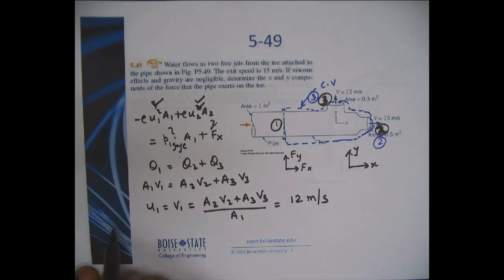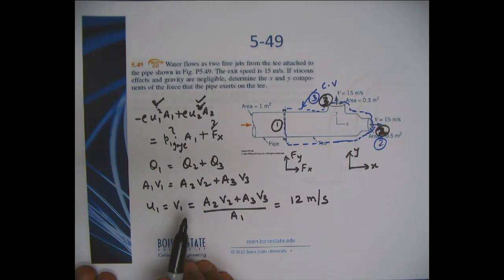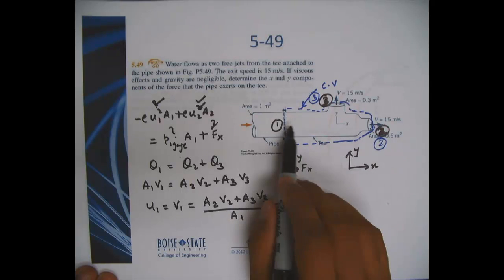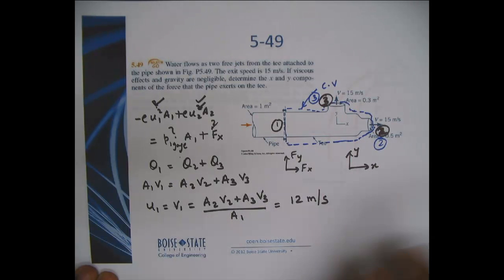Then we'll end up with one equation, one unknown. Since viscous effects are negligible, we can apply the Bernoulli equation along a streamline going from 1 to 2.